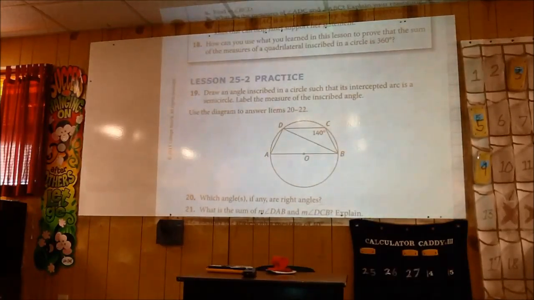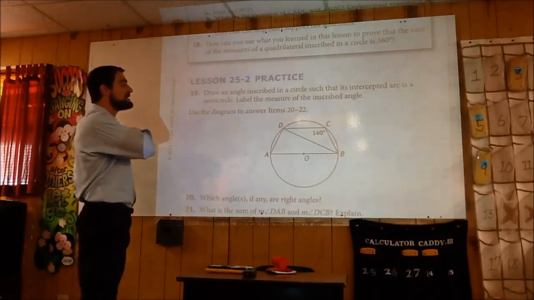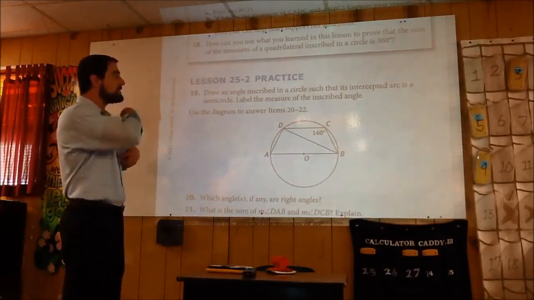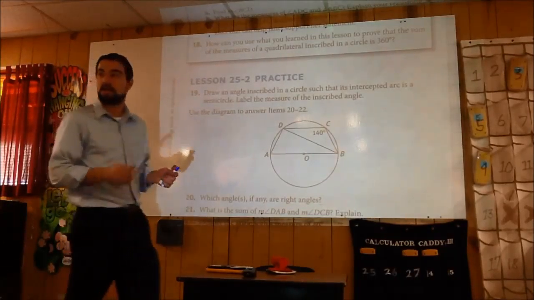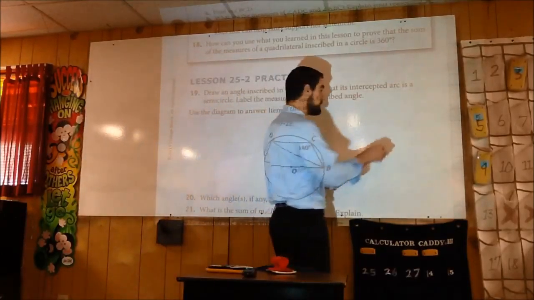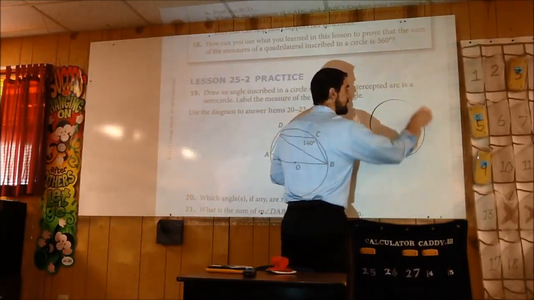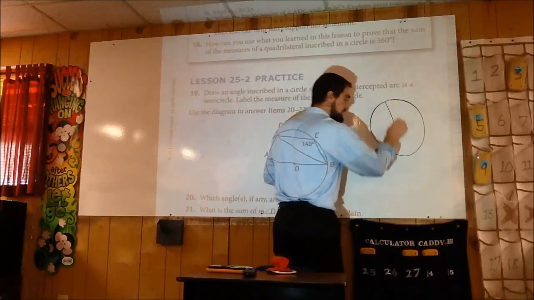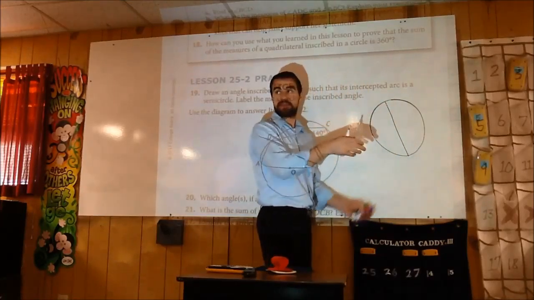Number 19. Draw an angle inscribed in a circle such that its intercepted arc is a semicircle, and label the measure of the inscribed angle. This is the whole diameter thing. A semicircle is half a circle.